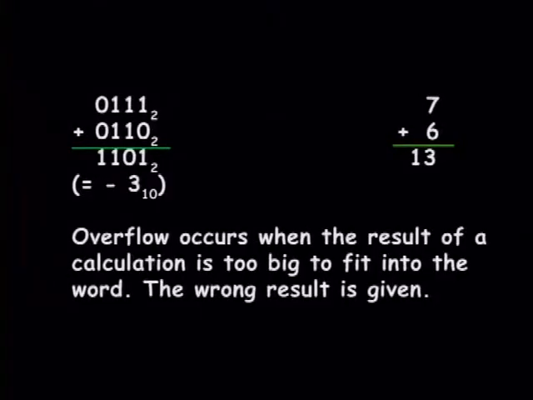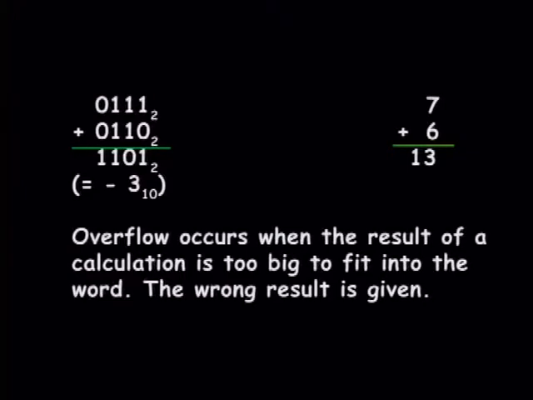This is what we call overflow. We need 4 bits to represent 13, and we have only 3 bits available. Remember, one of our 4 bits is used for the sign. 13 is too big to fit into 3 bits. That's why we call it overflow. Overflow occurs when the result of a calculation is too big to fit into the word.